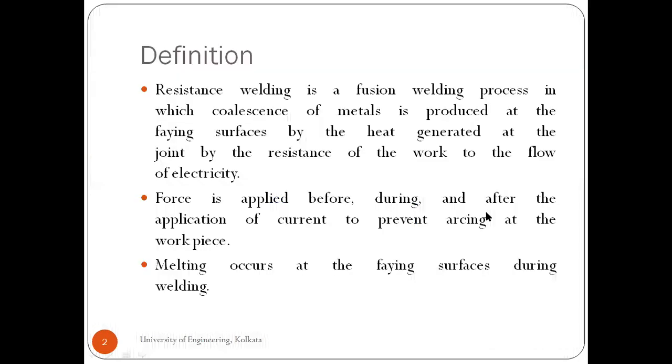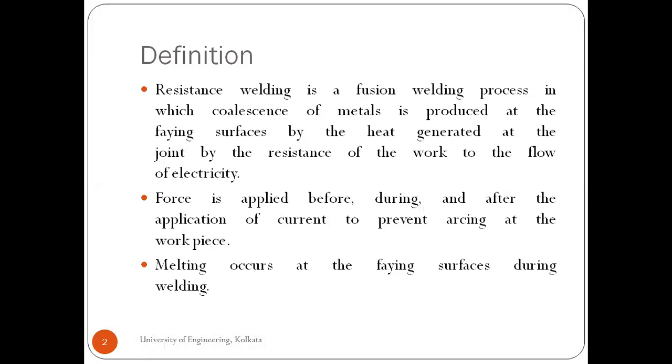If we come to the definition of resistance welding, it is defined as the fusion welding process in which the coalescence, meaning the heating and joining of metal, takes place at the faying surfaces by the heat generated at the joint by the resistance of the work towards the flow of electricity.